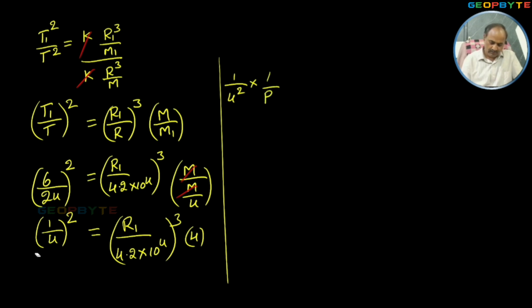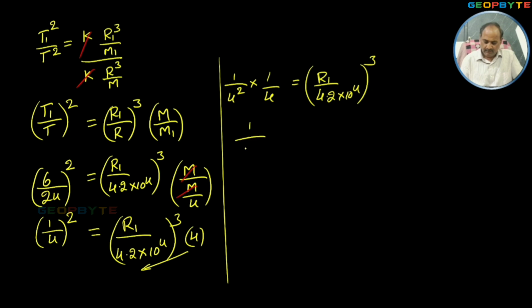I am bringing this 4 to this side, equal to R1 by 4.2 into 10 power 4 whole cube. It is 1 by 4 cube, right? 1 by 4 cube equal to R1 by 4.2 into 10 power 4 whole cube.